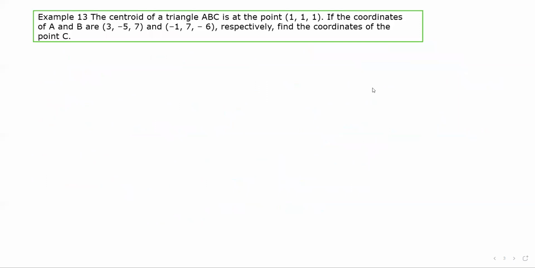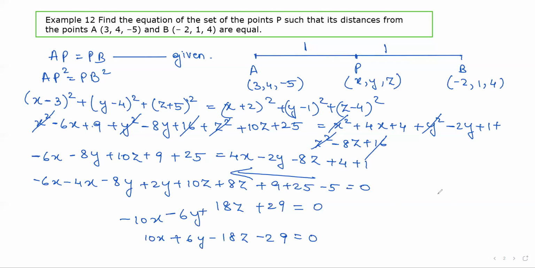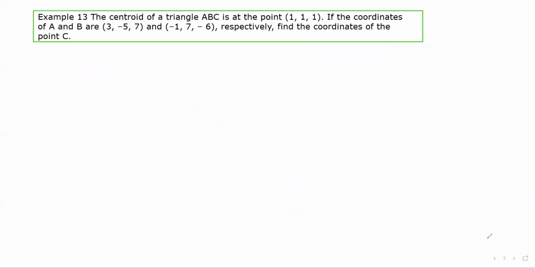So this was the equation of the set of points P. The centroid of a triangle ABC is at the point (1, 1, 1).